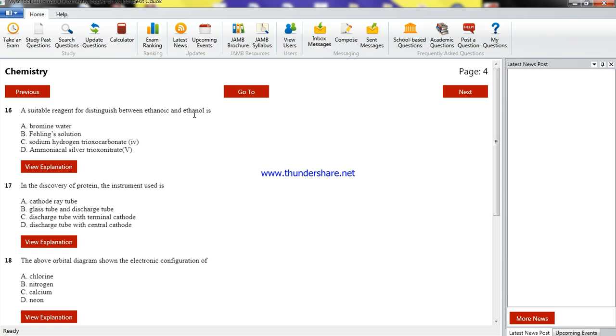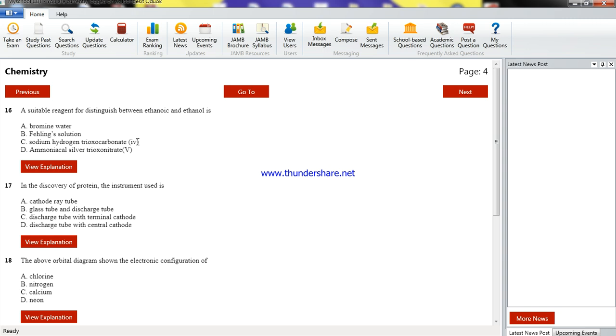So the reagent that can distinguish the two of them is option C, sodium hydrogen trioxocarbonate. This sodium hydrogen trioxocarbonate is a popular baking powder. You understand? Sodium hydrogen trioxocarbonate is baking powder.